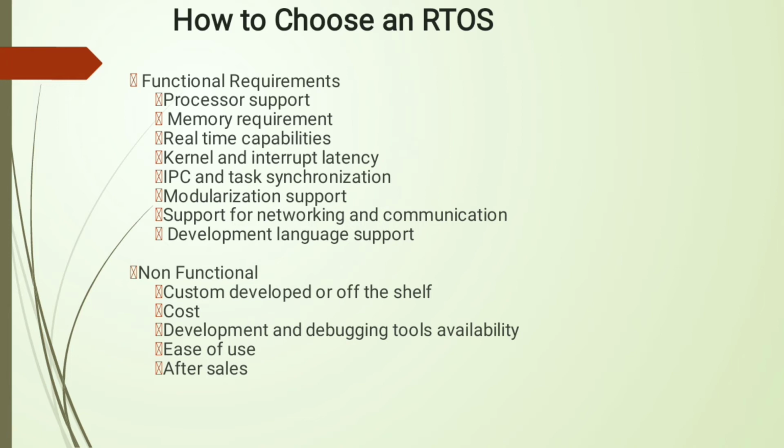And the next one is the real time capabilities. And we know that the RTOS will behave in real time, that is, the real time constraint is there. So we need to consider this when we choose the RTOS.